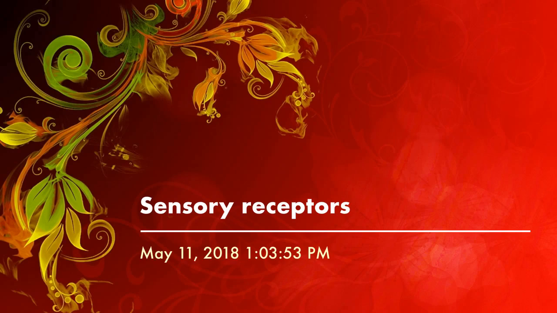And then the second order sensory neuron starts there. So the second order sensory neuron crosses to the contralateral side.